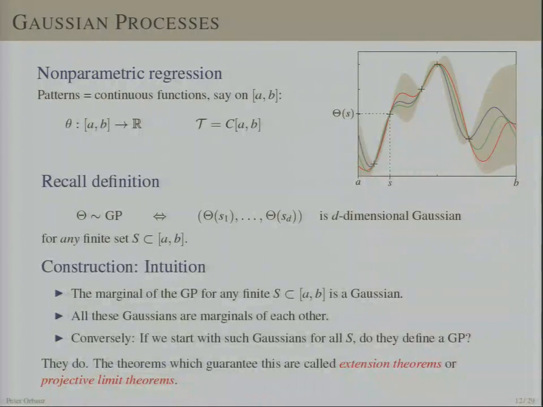the Gaussian process is a distribution that gives us a function. It's a distribution on random functions, right? So we have a random function that we sample from the Gaussian process, say, on the interval [a, b], which maps to R. That means that if we use this as, say, a nonparametric regression, then the patterns that we're using are continuous functions.